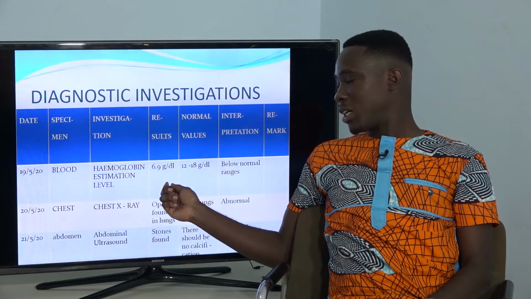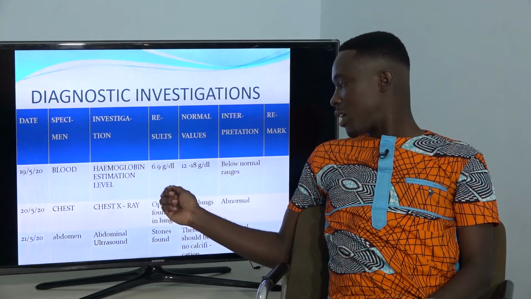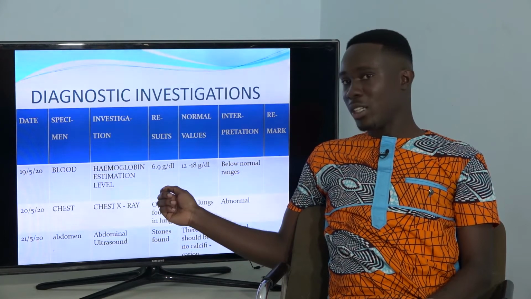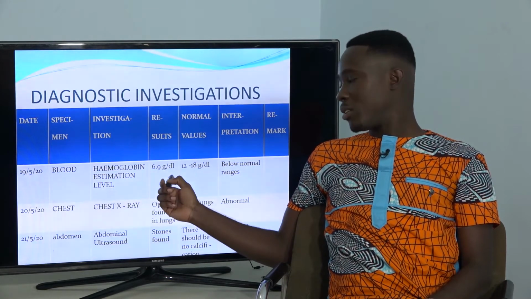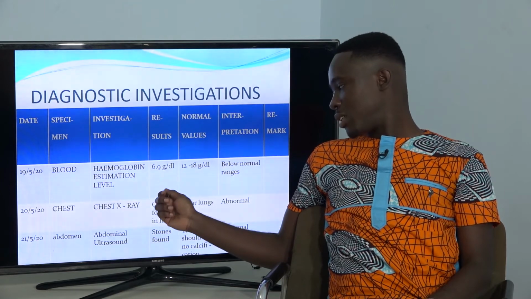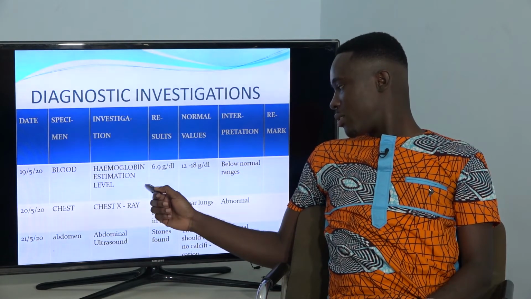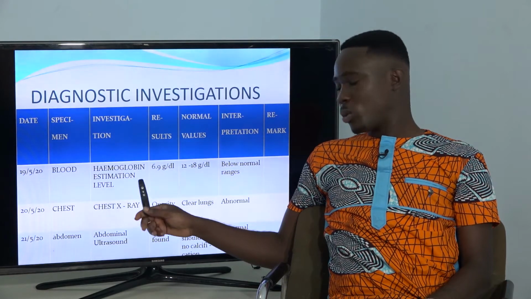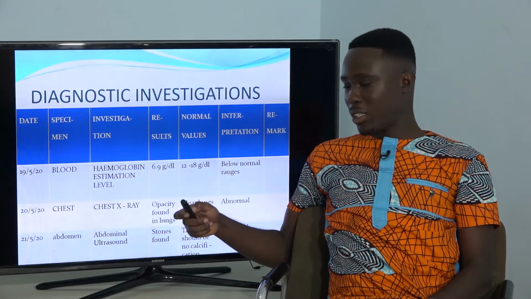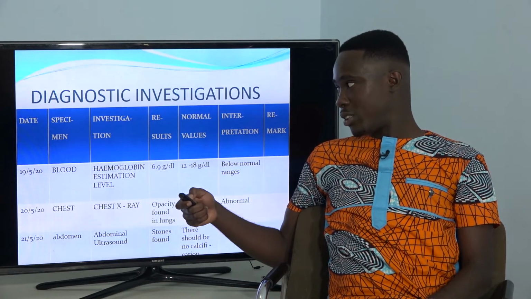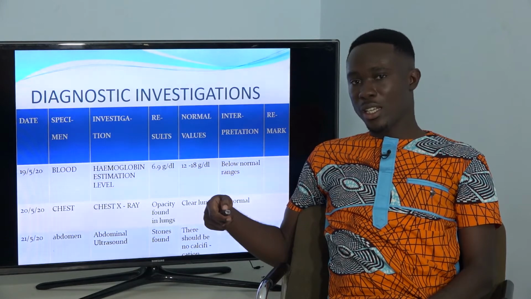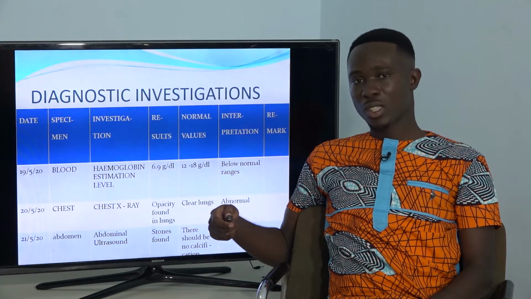With that, we would have to give antibiotics to clear the fluids in the lungs. So that is it. I hope you understand the illustration with diagnostic investigations.